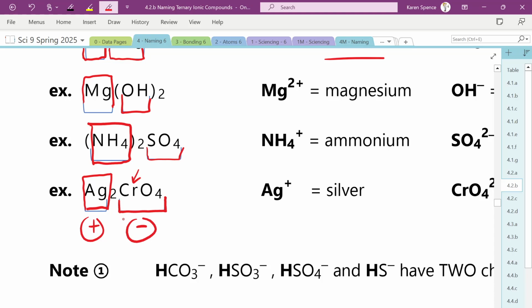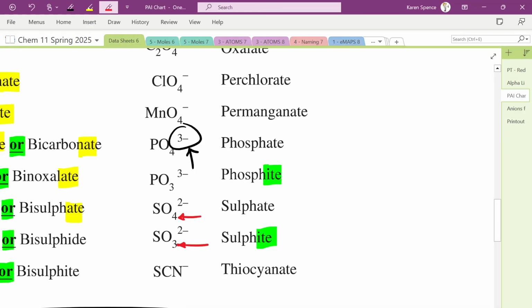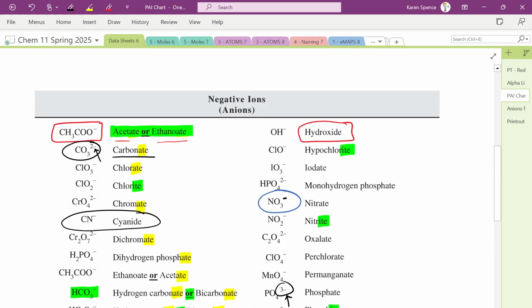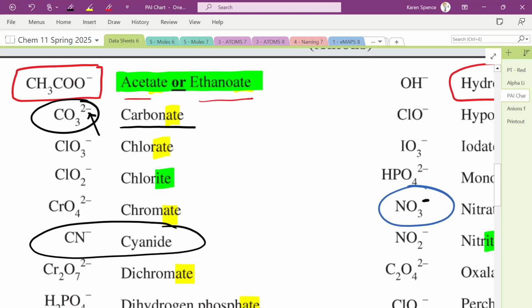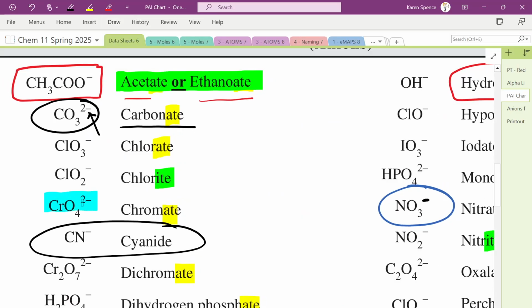And when we go onto our sheet, CrO4 is chromate. Okay, CrO4 is chromate.